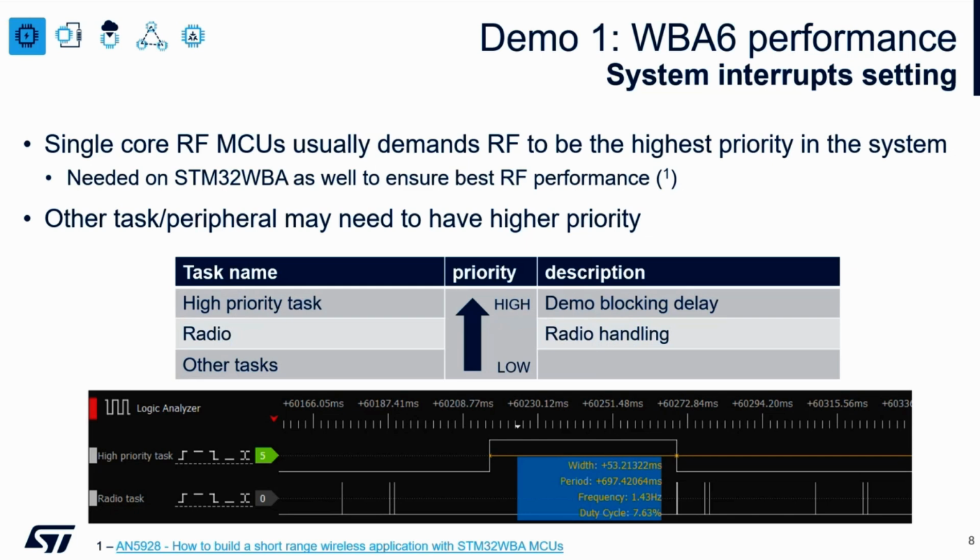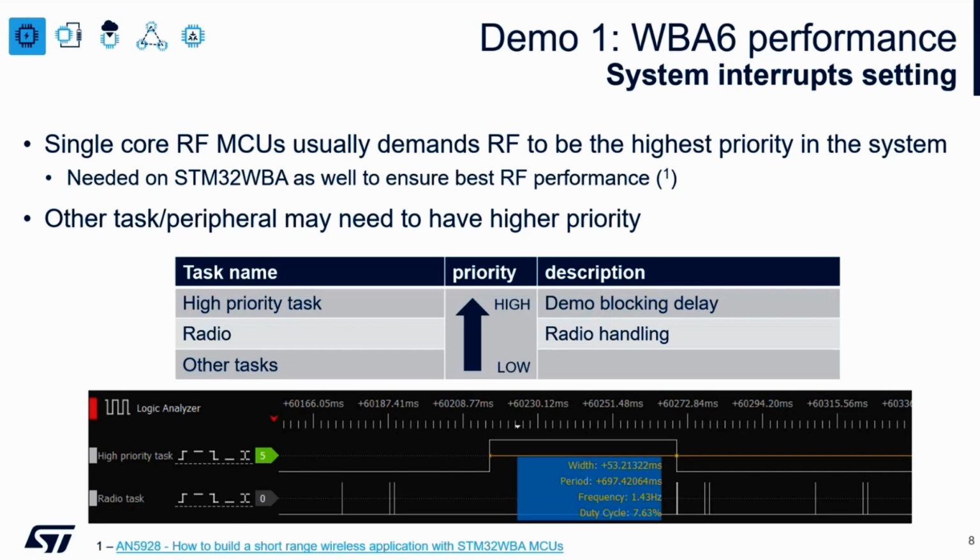That's still the same. But here, we can also introduce a higher priority task which is blocking the RF. Yes, the RF performance will decrease, but the link is kept if the time is below the supervision timeout, which is usually like 4 seconds. So you have big flexibility to run other important stuff in your system.